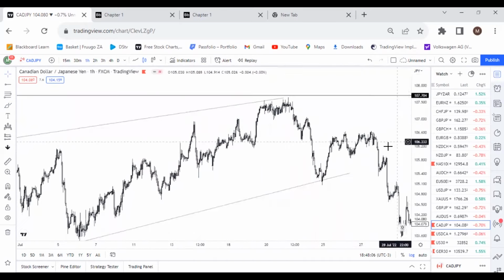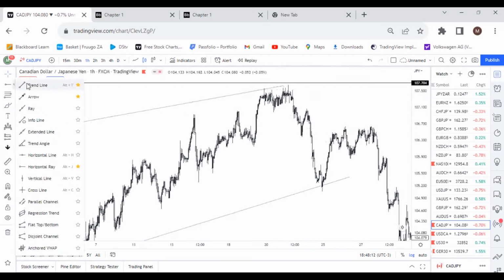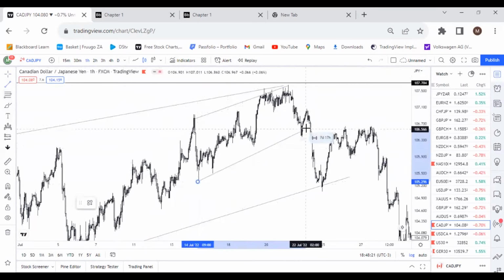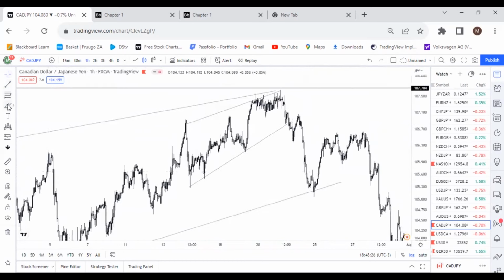So let's just see how the price got to the third touch using our trend lines. So you can see we kind of have the structure like this. You can see this being our first touch, our second touch, which didn't actually touch, but we still consider it, and this one being the third one.